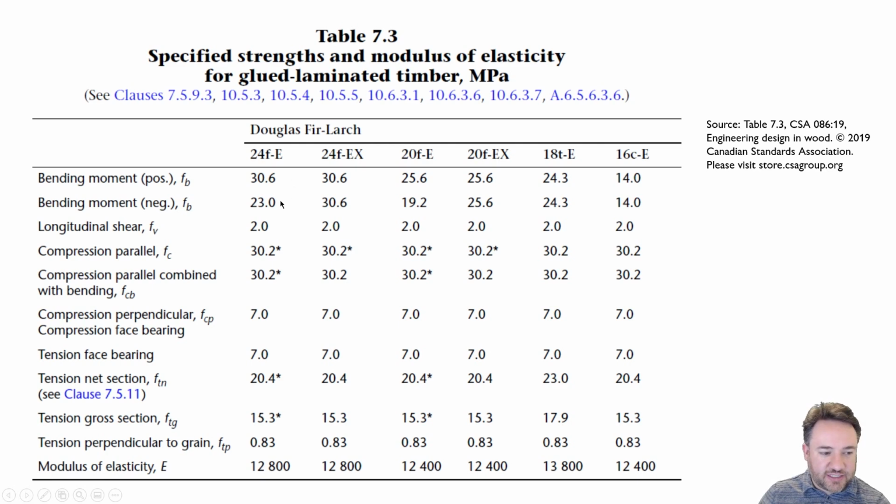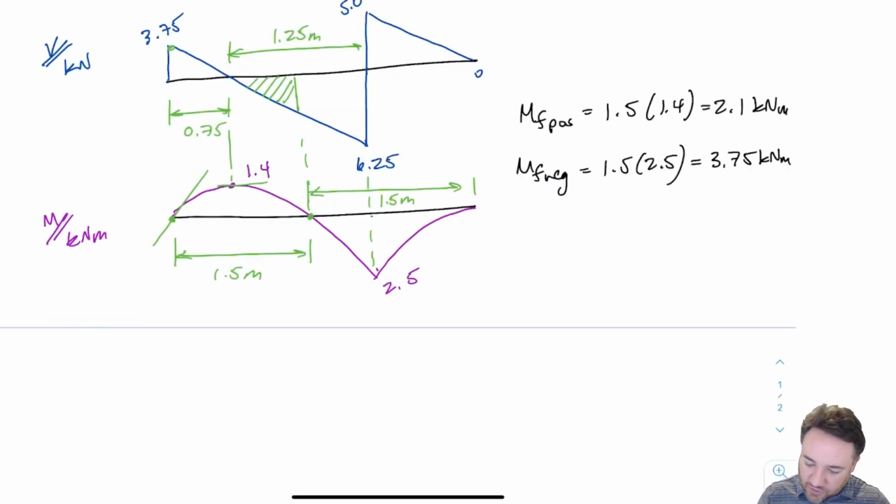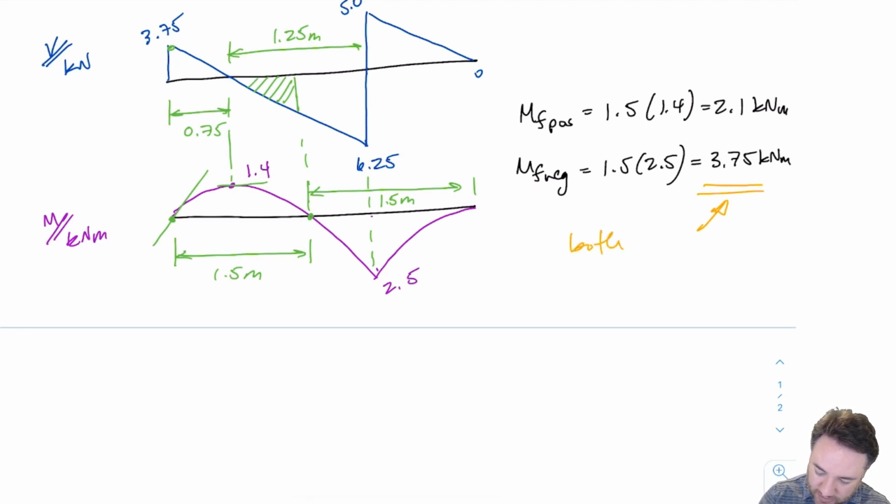So in that case, I will need to have my MF positive and compare that against my MR positive, and I'll have to have an MF negative to compare against my MR negative. But that's not the case here because we're talking about lumber and we don't have that problem in lumber. So basically, my factored load is going to be this one for both center span and cantilever.